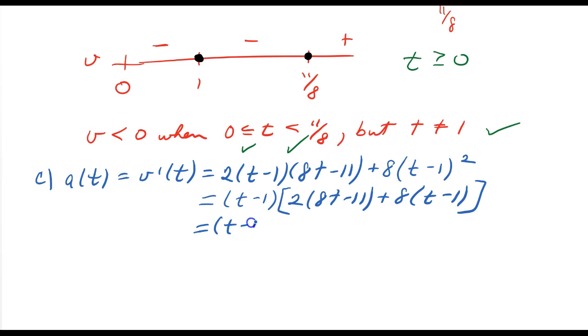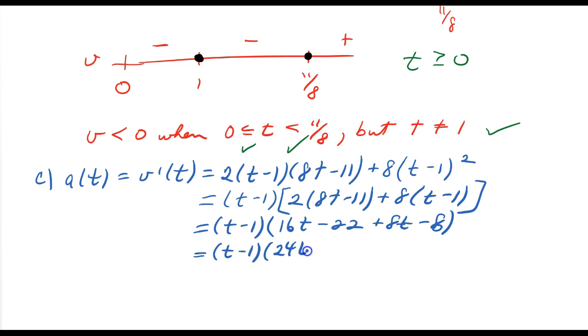So the t minus 1 is out front, and inside we've got 16t minus 22 plus 8t minus 8, like that. And then combining terms inside, we've got 24t minus 30. And then factoring a 6 from these, we get 6 times t minus 1 times 4t minus 5. And this is our acceleration function.